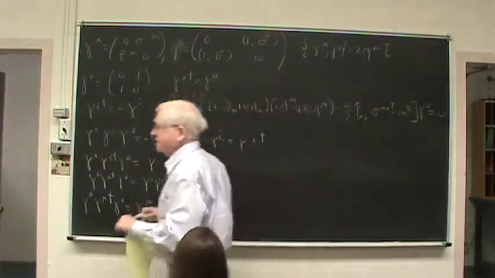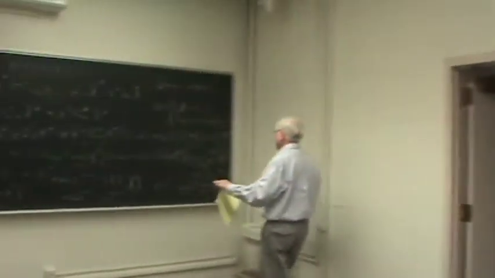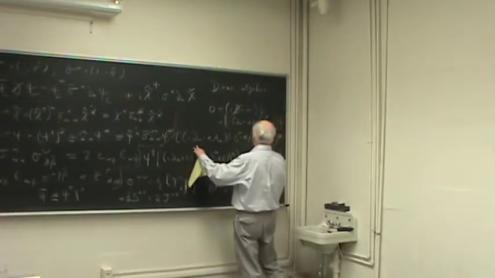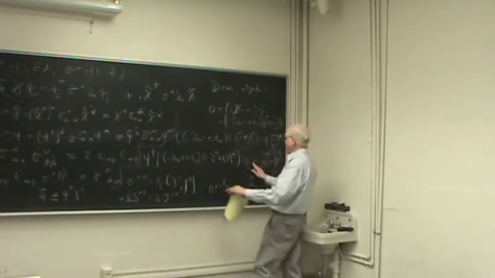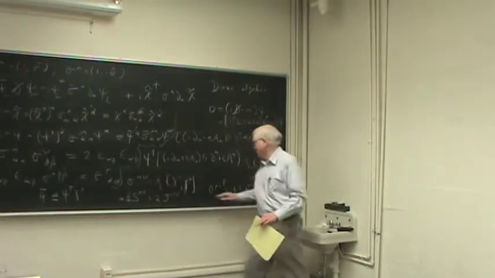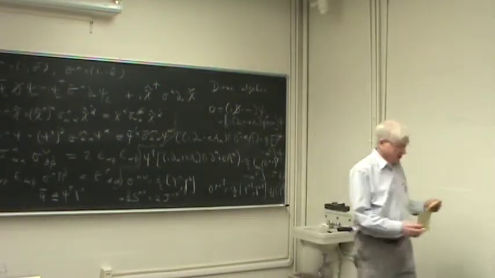So I've just taken this equation, put in gamma 0 squared, and multiplied from the right by gamma 0.